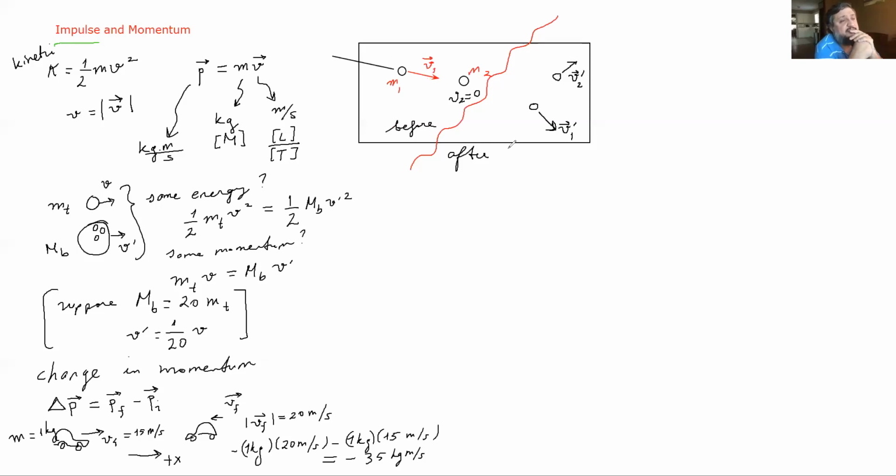So I used here 1 and 2 for the 2 objects, 2 balls, and I used unprimed velocity for before, primed velocity for after. But in some books, you will see 1 for before and 2 for after. Or you will use the letters I and F, okay? So those are also options. Let me just make a list here.